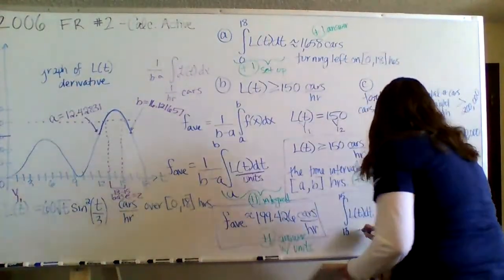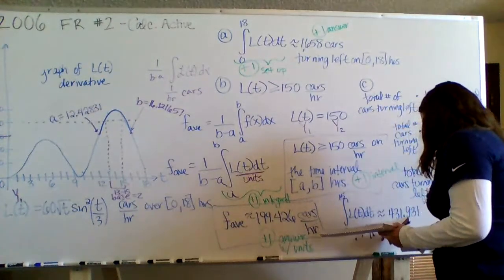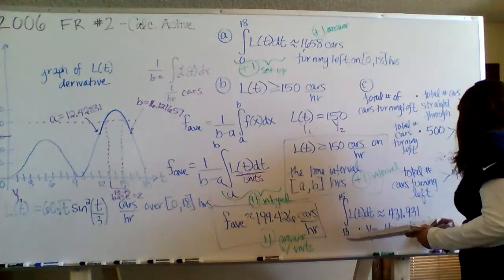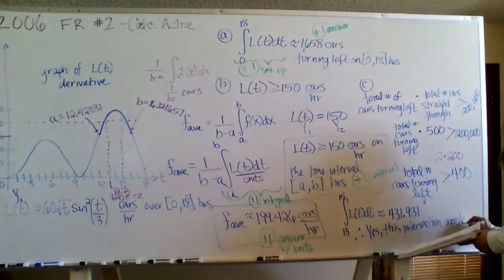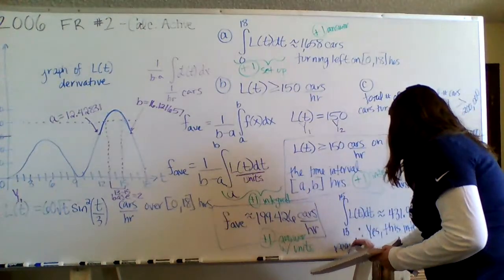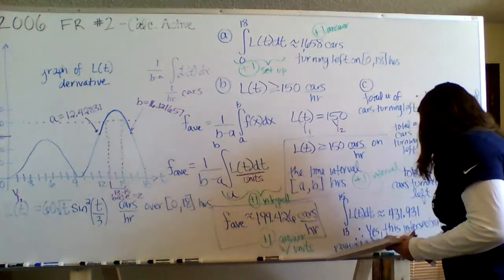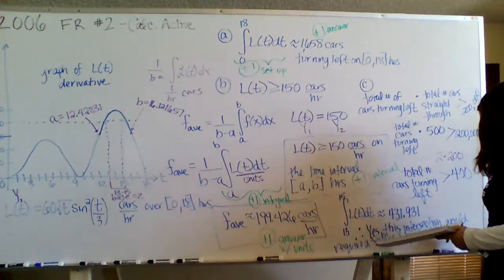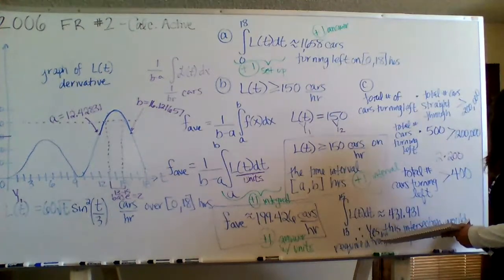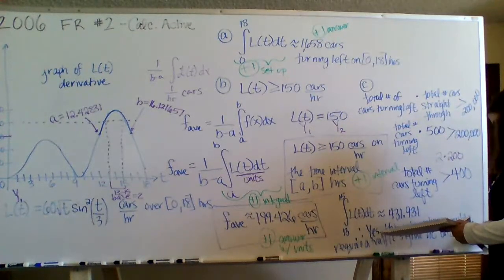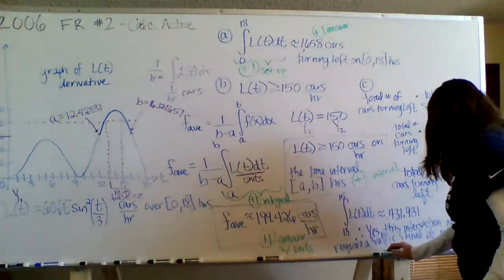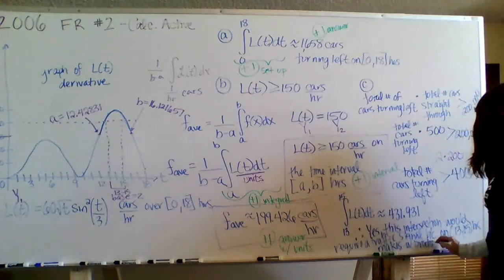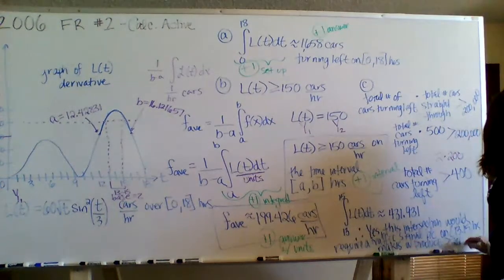So I would say, therefore, yes, this intersection would require a traffic signal because on my interval from 13 to 15 hours, it makes a product greater than the 200,000.